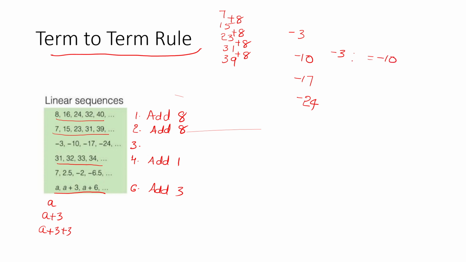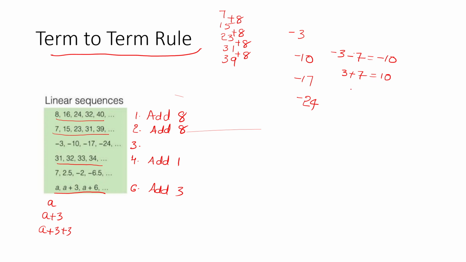So if it is 3, along with 3, when I am operating something, I will get 10. What I have to operate? I have to add 7, isn't it? 7 plus 3 equal to 10. So like that, here it is minus 3 and here it is minus 10. So minus 3 minus 7, that will be minus 10.